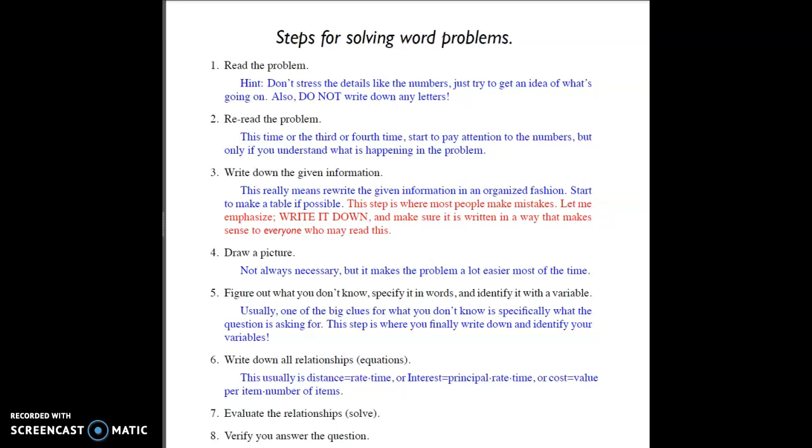Oftentimes it's because we weren't taught as young people in elementary, middle, or high school, or all the above, how to do word problems. Oftentimes teachers didn't like them and they just kind of skipped right over them. But we're going to address this in this class, and I'll show you some problem-solving strategies to work with word problems as adults.